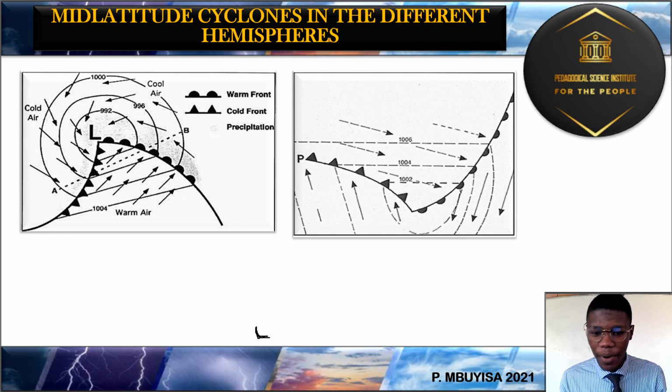Now let's think about characteristics of low pressure systems and high pressure systems in the different hemispheres. Now in the southern hemisphere, and I'm just going to use the abbreviation SH, all low pressure systems will always circulate in a clockwise direction.